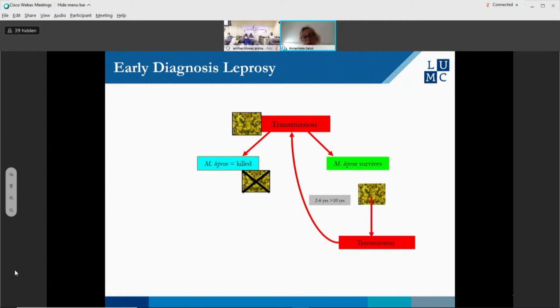So if you have Mycobacterium leprae, then most of the individuals are able to kill the mycobacterium, and they don't develop disease, and they don't carry the bacterium with them, so they're not contagious anymore.